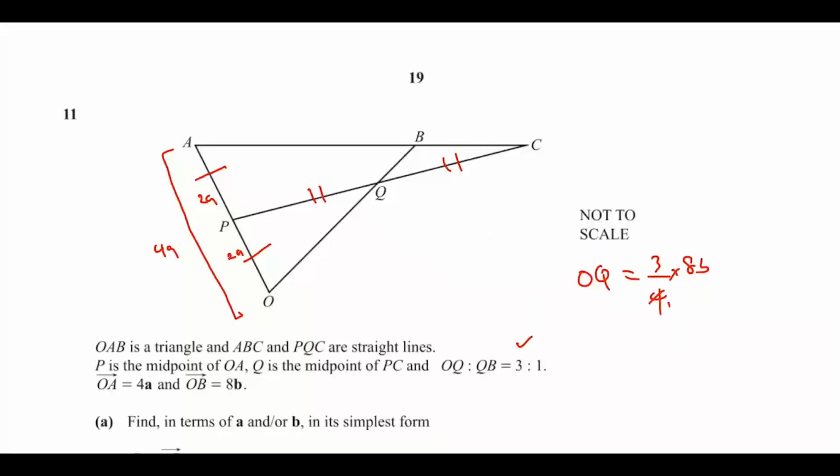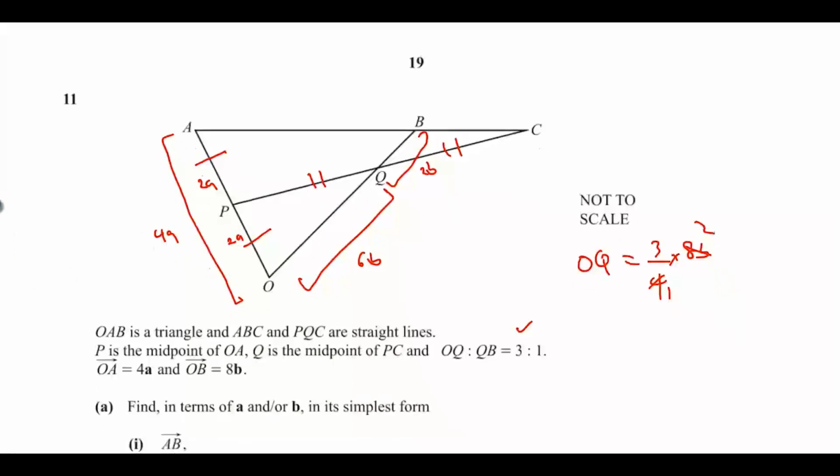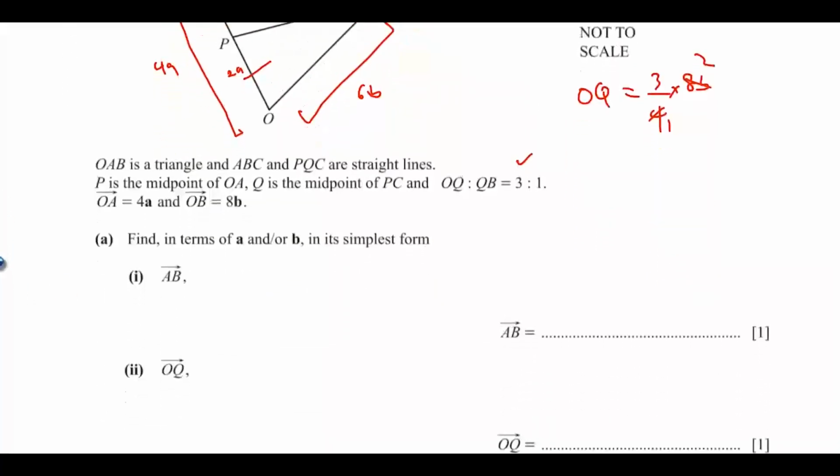So 4 here 1, 4 here 2, so that means OQ will be equal to 6B. Since the whole length OB is 8B, then QB will be equal to 2B. This will go a long way to make the solution easy.